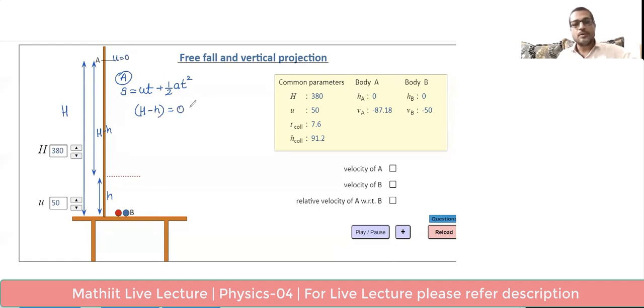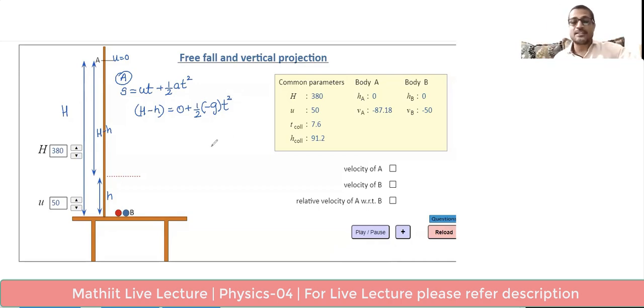So 0 plus half of minus G T square. Can anyone tell me why did I take minus G? Because it's going in the opposite direction of gravitational force. No, wait. It is moving in the direction of gravitational force, right? Gravity is pulling down and it is also going down.